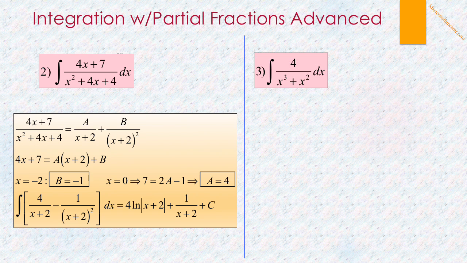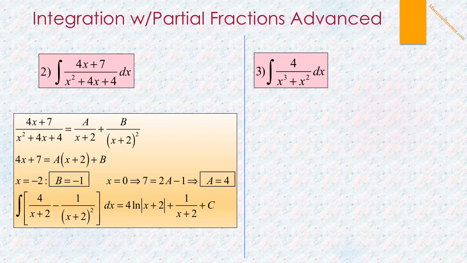In number 3, we're asked to integrate 4/(x³ + x²) dx. It is clear that u substitution will not work, as if we let u equal x³ + x², du is equal to (3x² + 2x) dx, and there's no way we can pull that off.